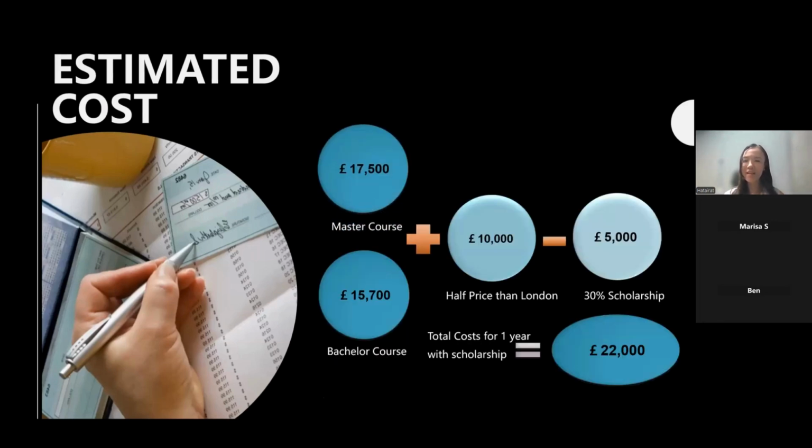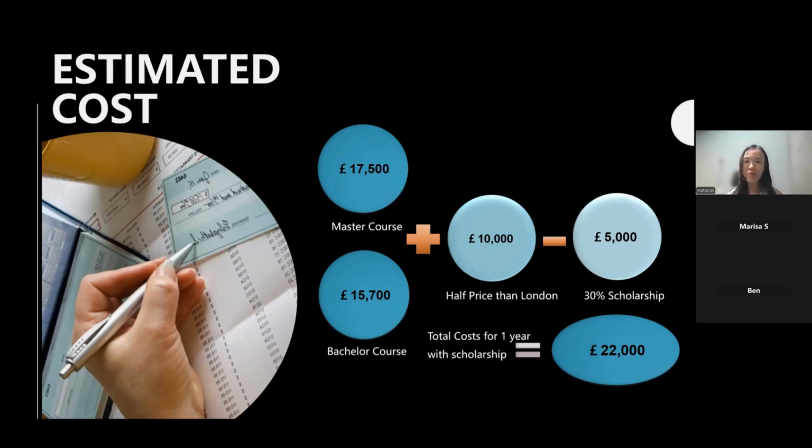So let's estimate the cost. We have the tuition fees and we have the cost of living. If you receive the 30% scholarship for 1 year, the cost that you have to prepare in general will be around £22,000. That is without working part-time.